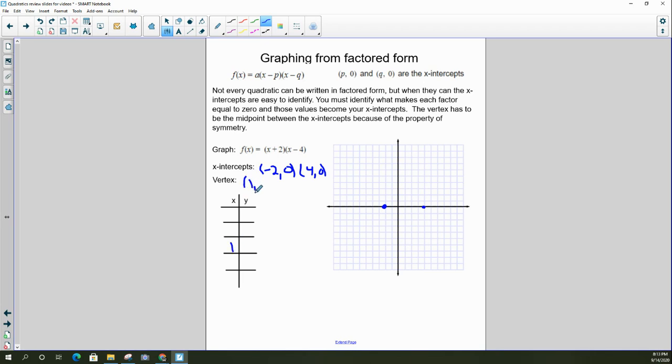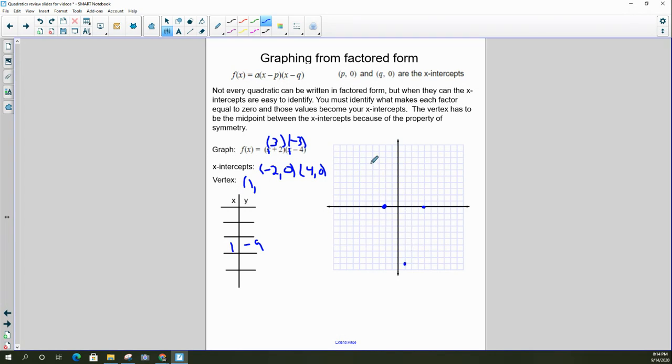What is that something? I plug in 1 into my x's, and I get 3 times negative 3, which is negative 9. So my vertex is 1, negative 9. So all the way down here.